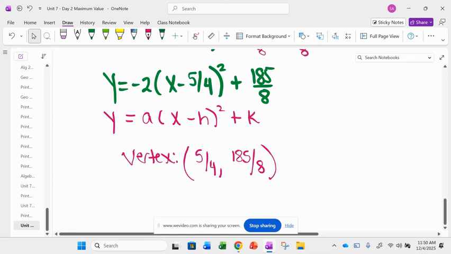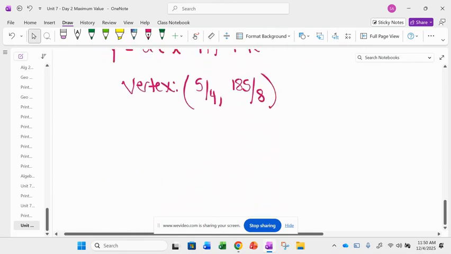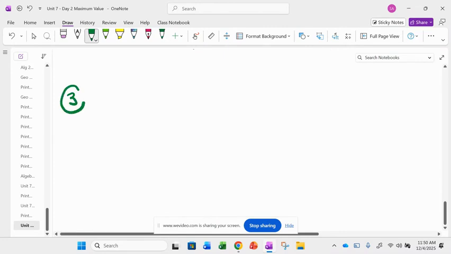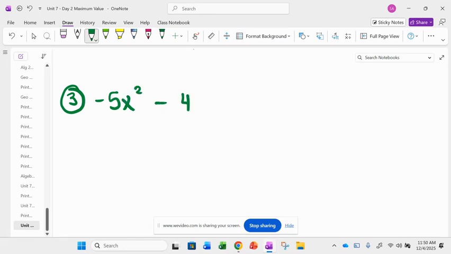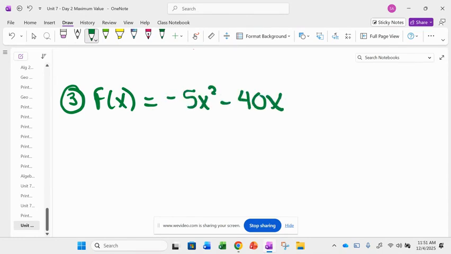All right, I want you guys to try this one on your own. For the word problems that we're going to do next class, I'm thinking of allowing you guys to use Desmos for it, which would make life a lot easier.